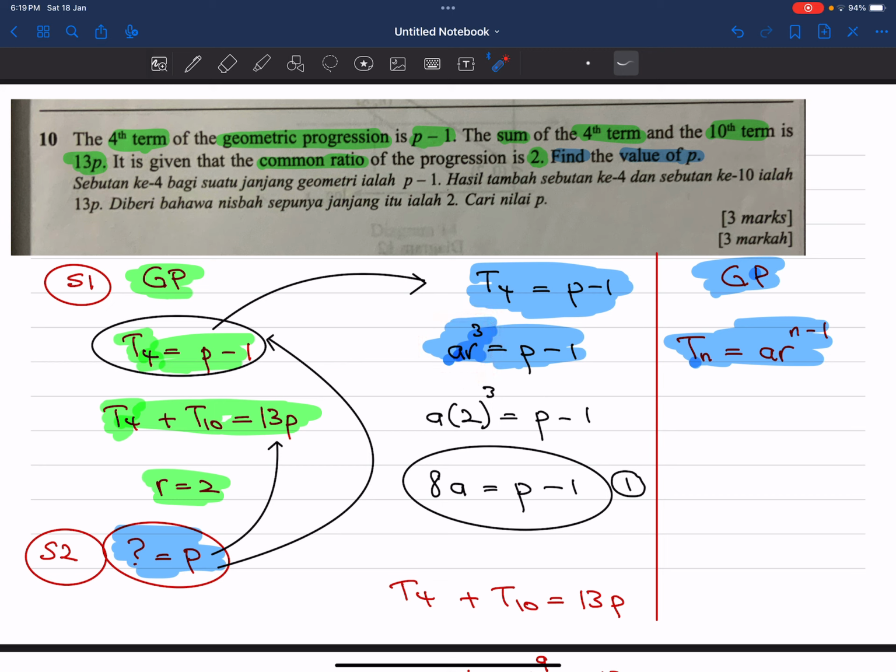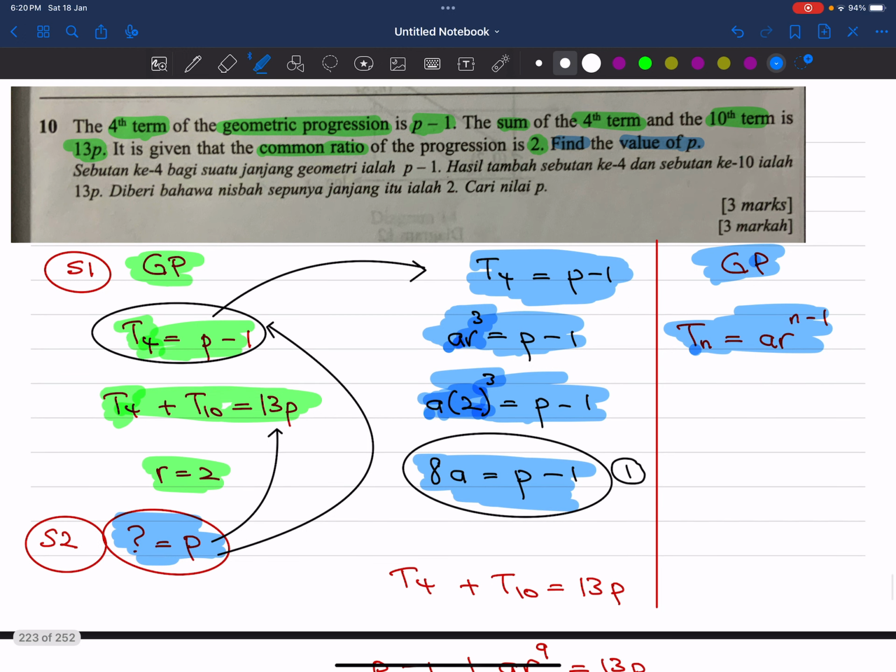Next, we are already given R, which is 2. So I substitute R is 2: a times 2 power 3 equals P minus 1. Of course, 2 power 3 is 8, times A. I will get 8A equals P minus 1.